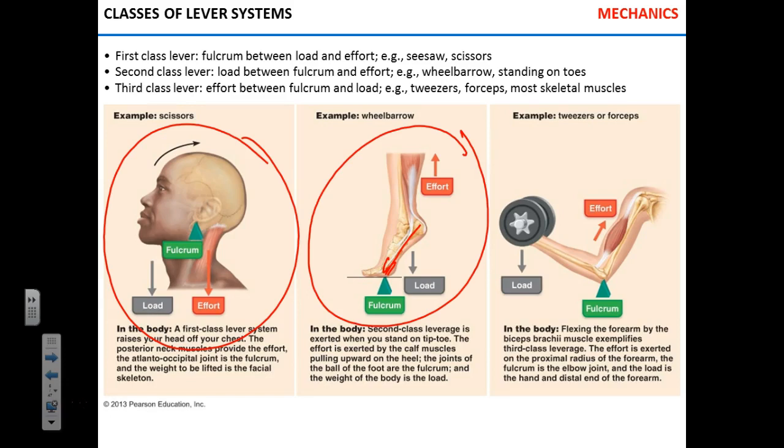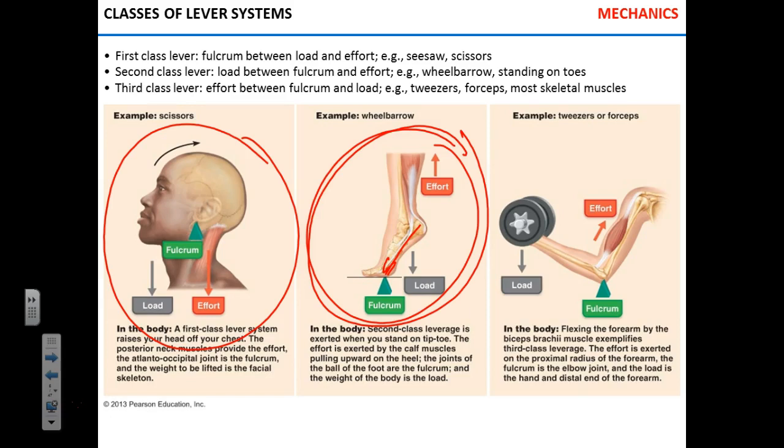So when gastrocnemius is contracted, it puts your foot into plantar flexion. So you stand on your toes. Essentially you elevate your entire body, all 180 pounds, by the effort of these two rather small muscles.